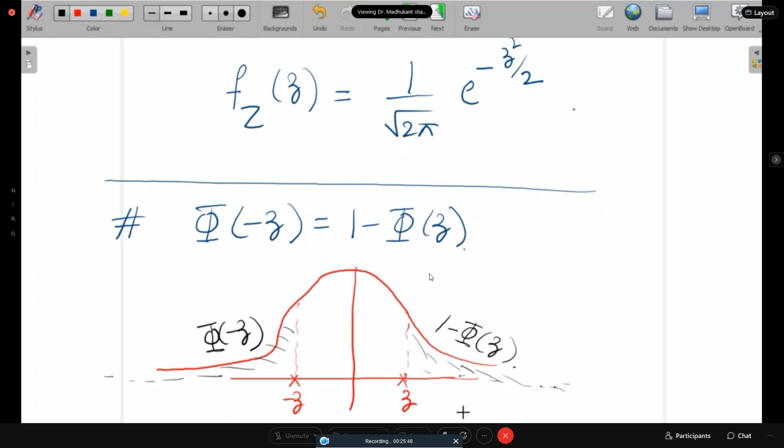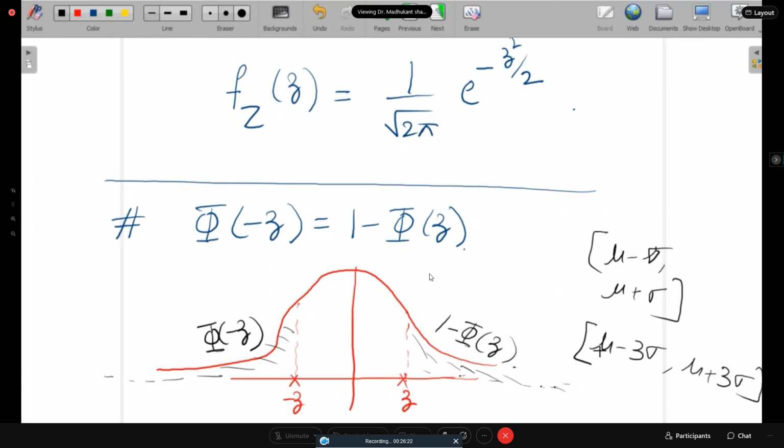Later, when we talk about confidence intervals, you will see that most of the values lie between mu minus sigma and mu plus sigma. At most you will go to mu minus 2 sigma to mu plus 2 sigma, then mu minus 3 sigma to mu plus 3 sigma.